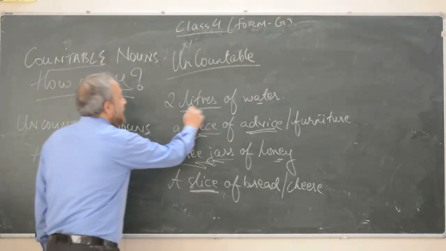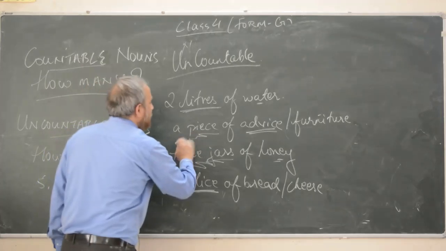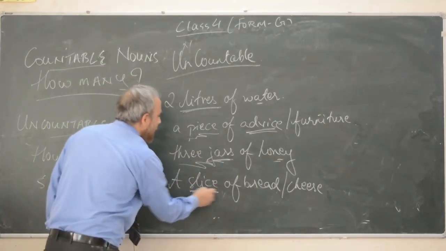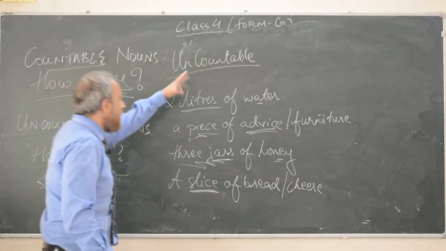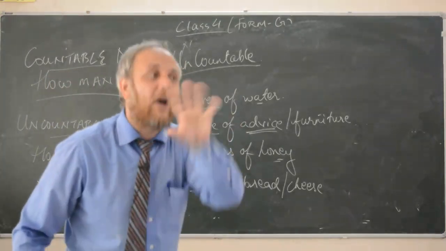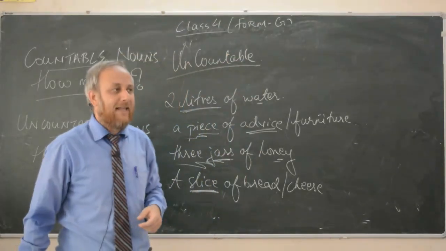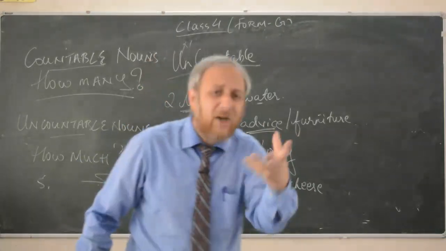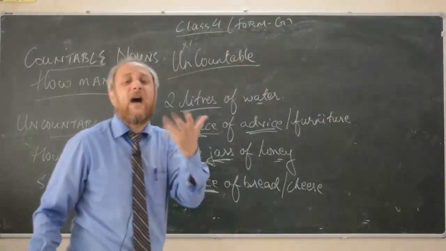So here I've used liters, I've used the word piece, here I've used the word jars, here I've used the word slice. So these are all measuring words. So one can use measuring words like this, like a lot of water. Let's say I have little work to do today. Work too sometimes works as an uncountable noun.